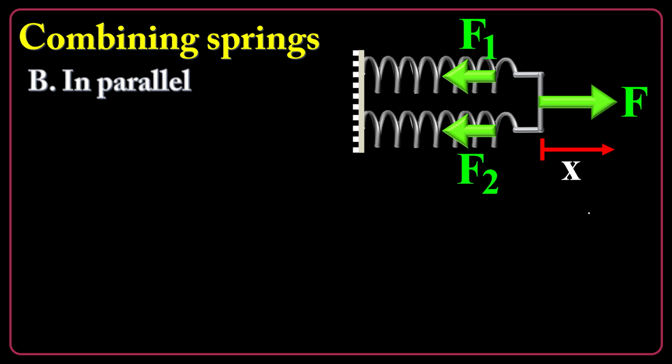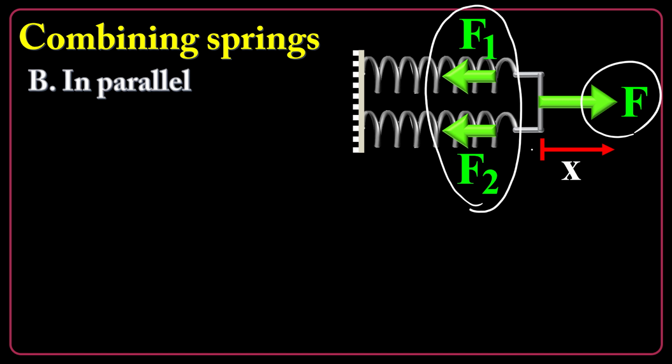It's very easy. First of all, you believe that these two forces will be the general response of the system to your extension force. So when I extend the system and keep it at rest, they are in balance. So F must be equal to F1 plus F2.